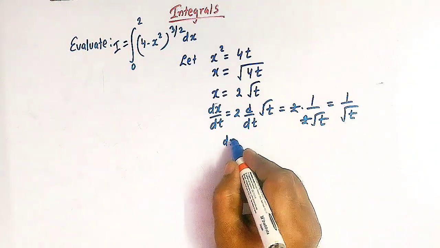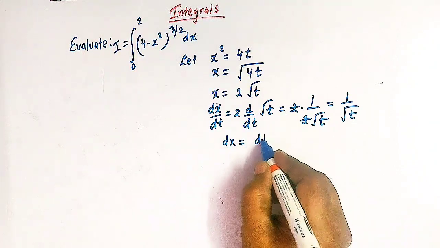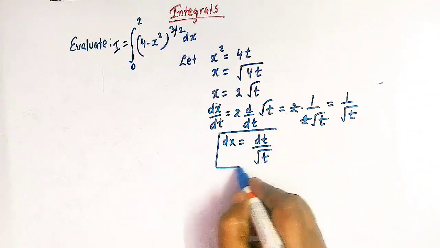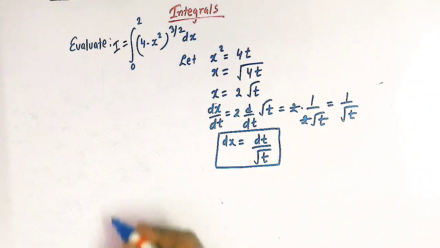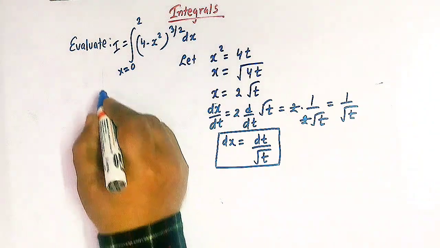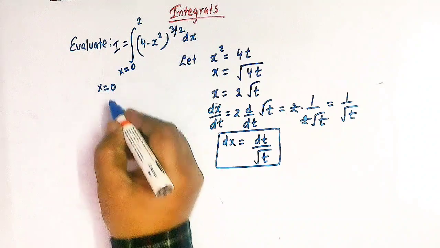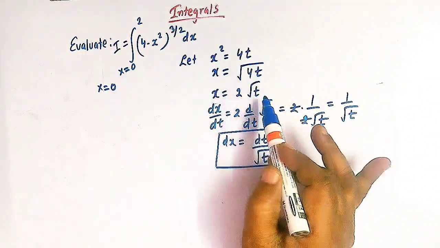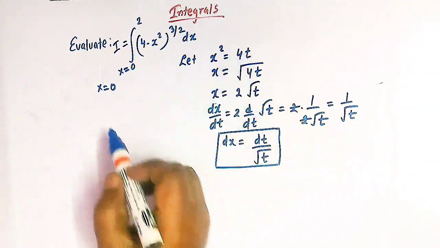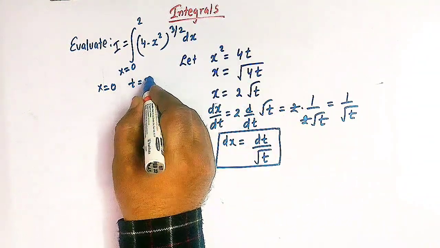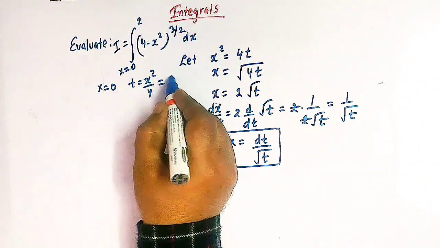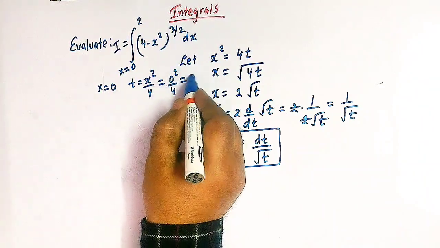So now dx can be written as dt over the square root of t, and let us change the limits accordingly. Here x varies from 0 to 2. So when x is 0, the value of t can be obtained from this relation, right? So t is x^2 over 4. So when x is 0, we have 0^2 over 4, that is 0.